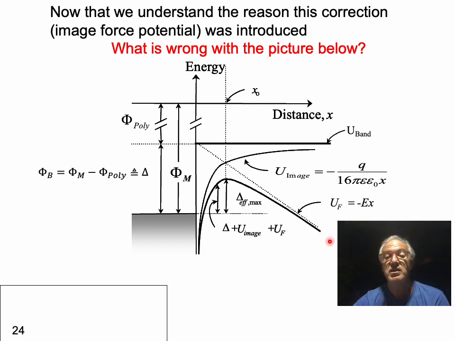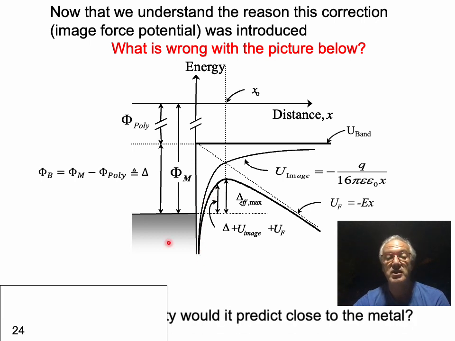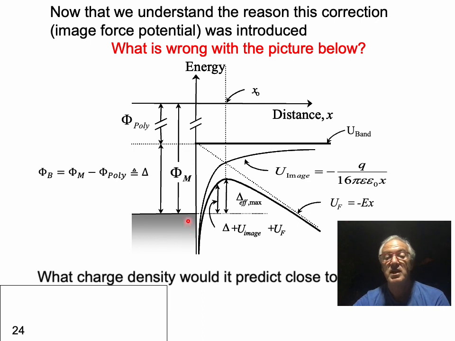Because what we did is we drew this line using this potential, and this potential assumed that the charges are really separated, so the charge density is not really high. And really, if we draw the potential like this, it means that the charge density here close to the contact is going to be extremely high.